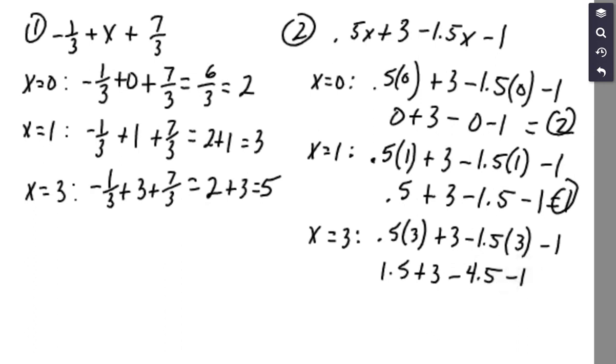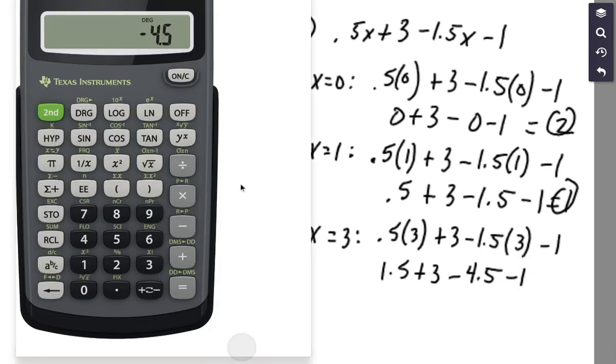So then let's evaluate that. So it's 1.5 plus 3 minus 4.5 minus 1, and that's going to equal negative 1 whenever we evaluate that.